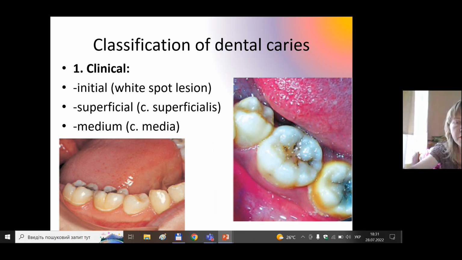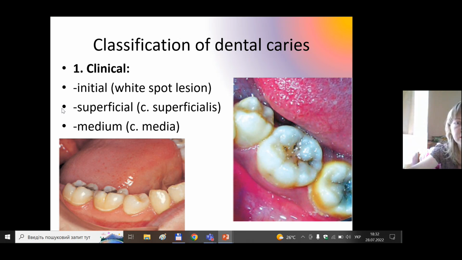The next issue that should be discussed in this lecture is classification of tooth decay. We use several classifications, and in this lecture I present the classification that is used in our country, in the Ukrainian study system. The first one is clinical.